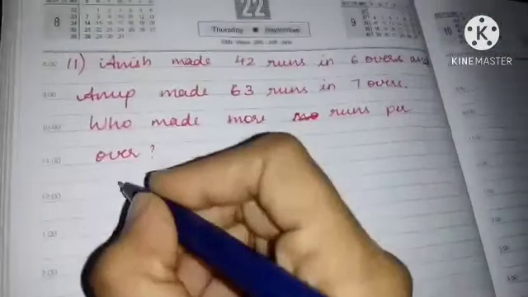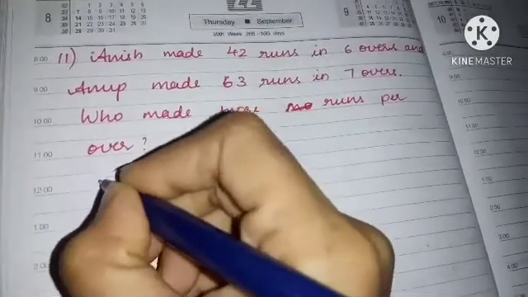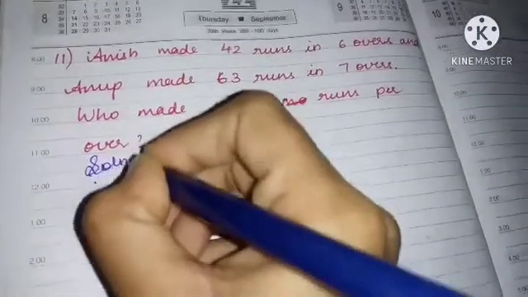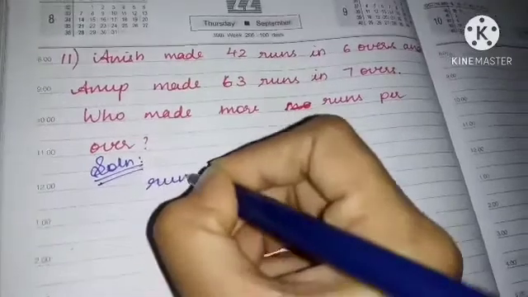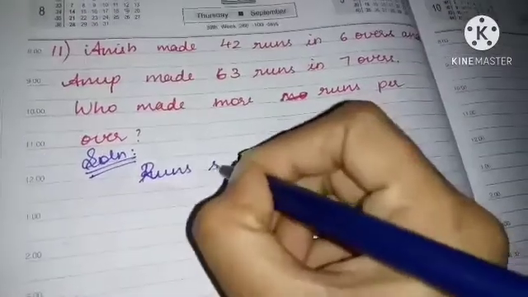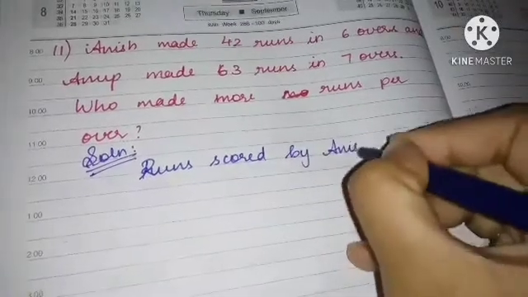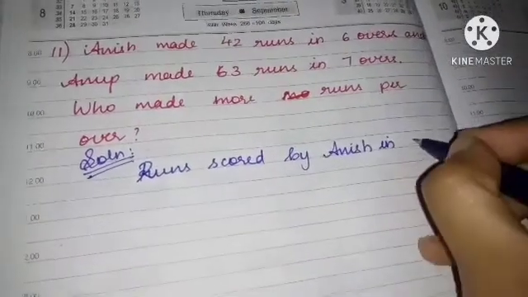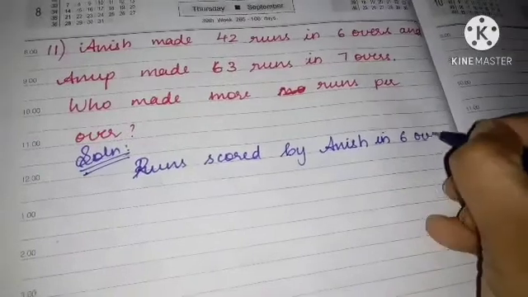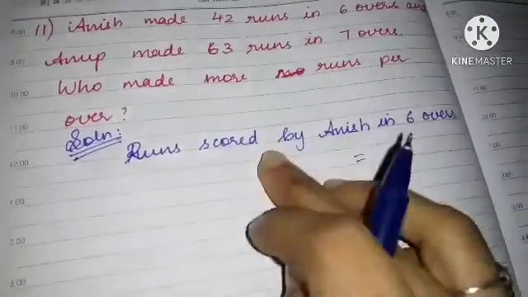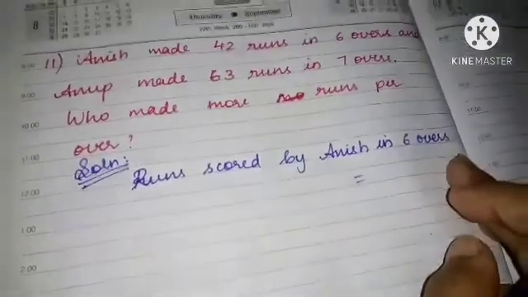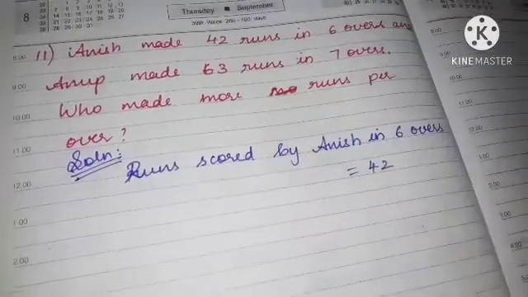First, we'll write the solution. Runs scored by Anish in 6 overs is equal to 42.